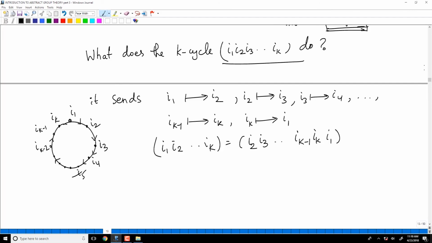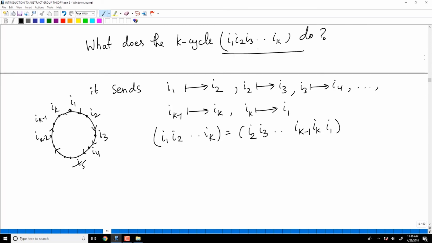I have only told you what happens to these indices. Further, I need to tell you what happens to indices that are not in this set.